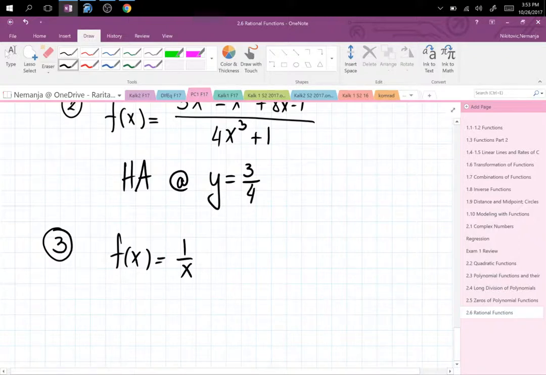Why? What's the degree in the numerator? 0. Yes, 1 can be written as x to the 0, and the x on the bottom is x to the 1, and 0 is less than 1. Awesome. So this is the situation where the degree in the numerator is smaller than the degree in the denominator. So, HA at y equals 0.